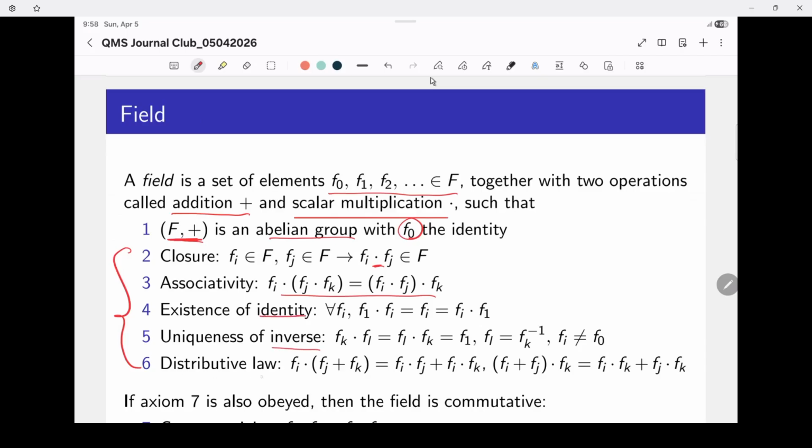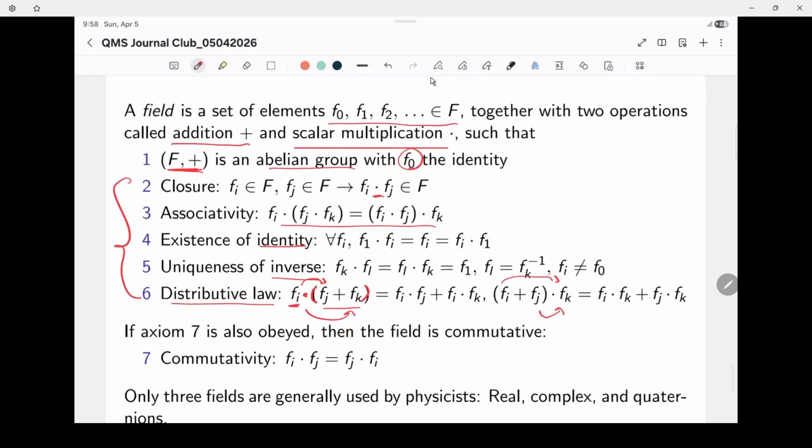What is perhaps more interesting is how your scalar multiplication distributes over your addition. If you have one field element multiplied with the addition of two field elements, you just multiply accordingly. Or if it is in this form, you just multiply accordingly as well. That's your distributive law.